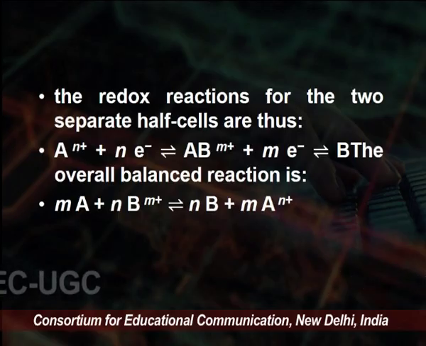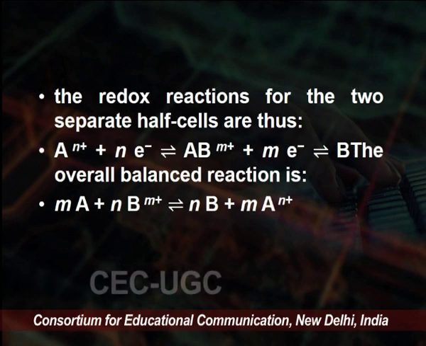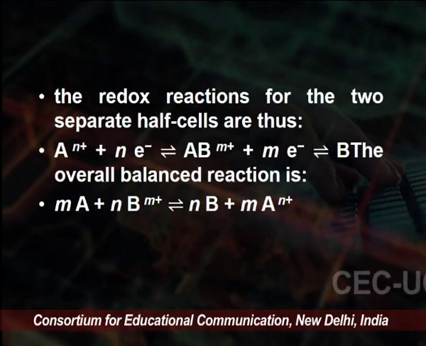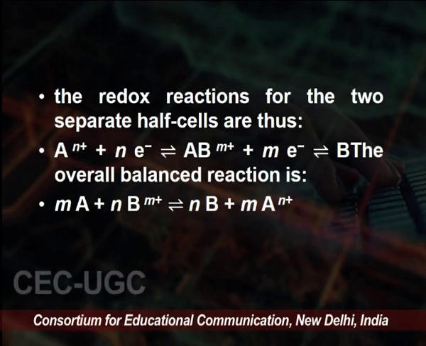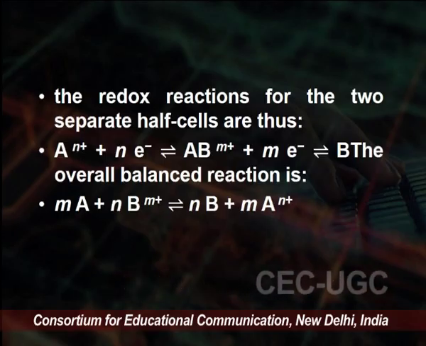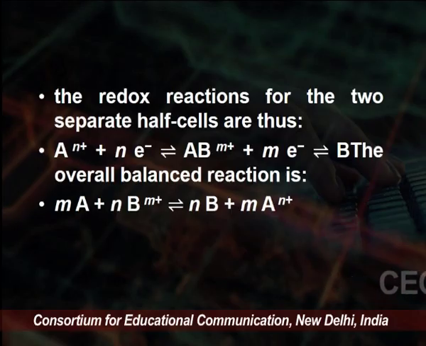So the overall balanced reaction will be written as mA + nB^m+ = nB + mA^n+. So this is the various redox reactions inside the cell.